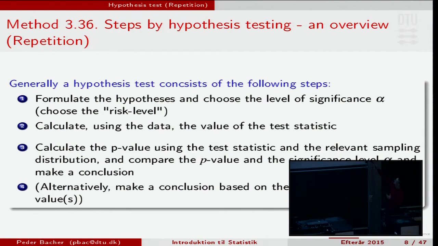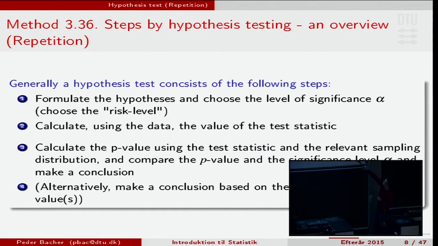So we formulate this hypothesis and choose our significance level. If we set that low, then we're more sure that we have found an effect. We will be wrong fewer times, in some way, you can say.